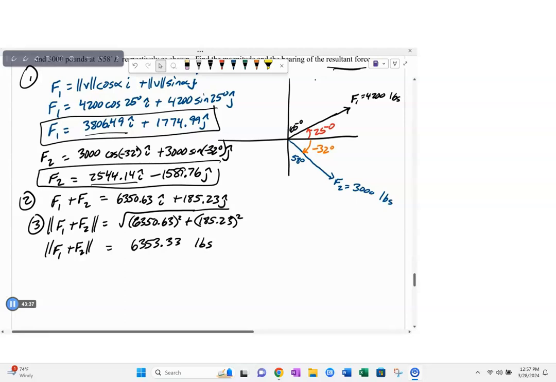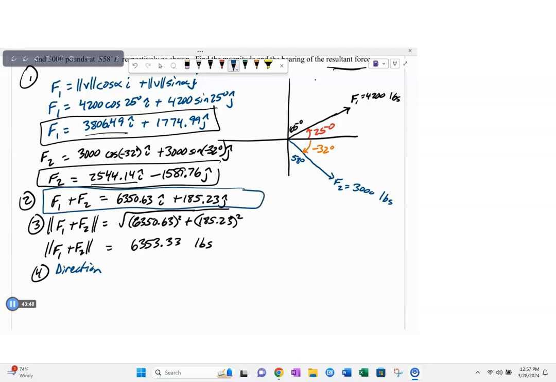And then now let's go ahead and find the direction. So step 4, direction. Here's my resultant vector. My a is 6350, my b is 185.23.